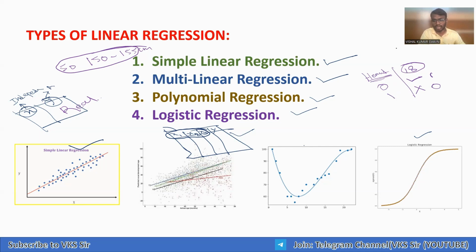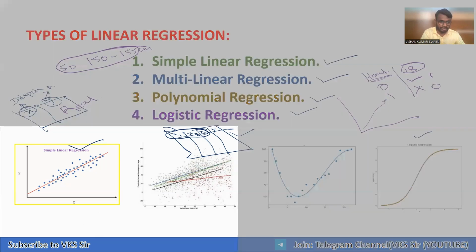It means a categorical type is coming. If you represent this in a classification graph, here the upper part is nothing but what?